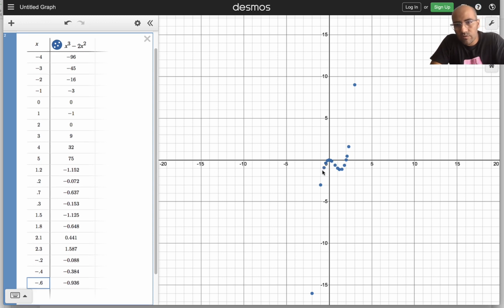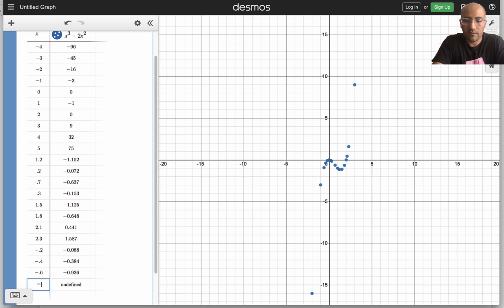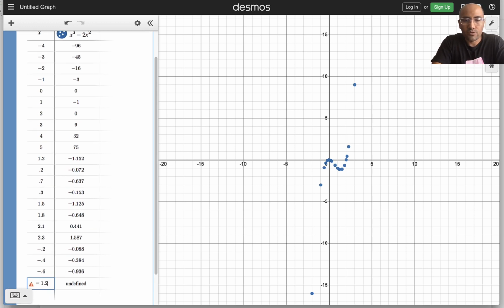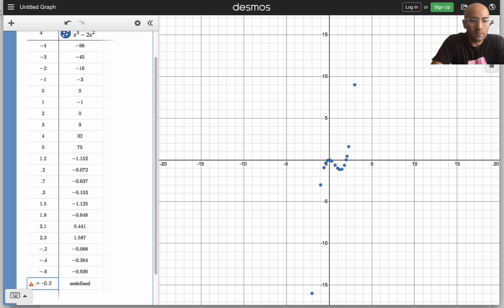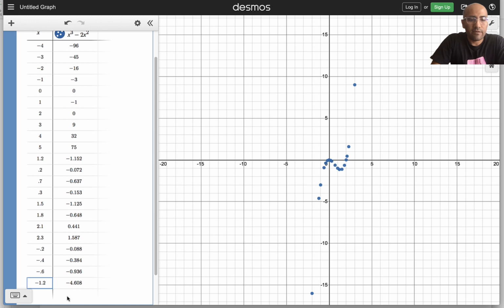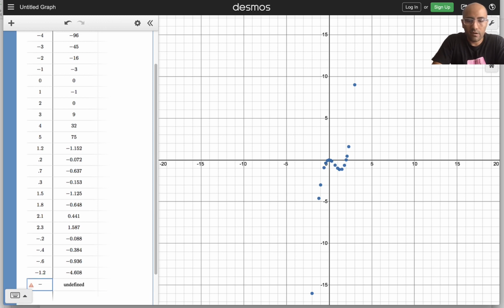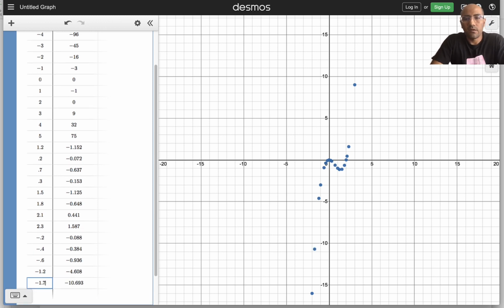And so we can see that we're slowly starting to put together an idea of what this thing would look like. And of course, the more points you put, the better the image becomes. Negative 1.2, negative 1.7. Okay, so we slowly start to see what this graph would look like.